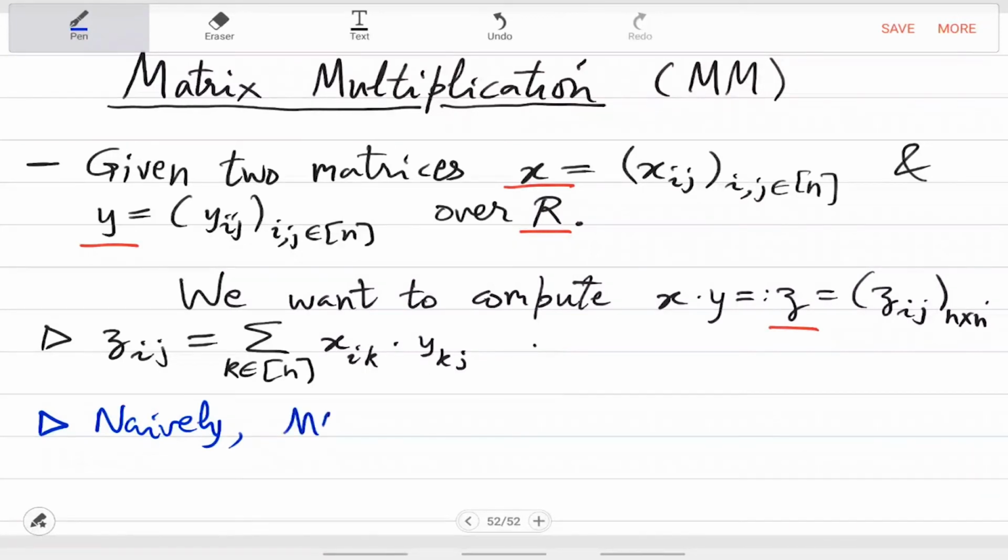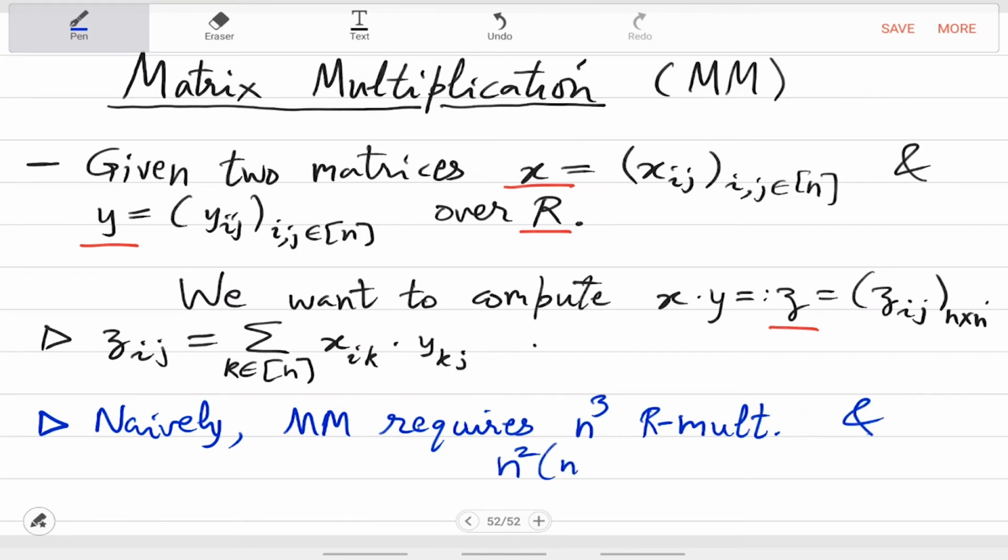Matrix multiplication requires n cube R multiplications, and how many additions? Each ij requires n minus 1, so n square times n minus 1 additions.